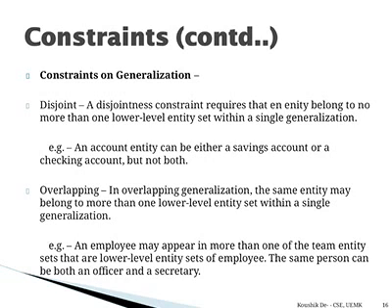For example, an employee may appear in more than one of the team entity sets that are lower level entity sets of employee. The same person can be both an officer and a secretary.